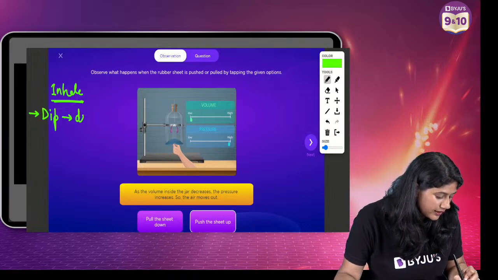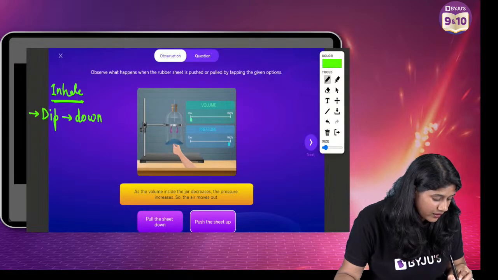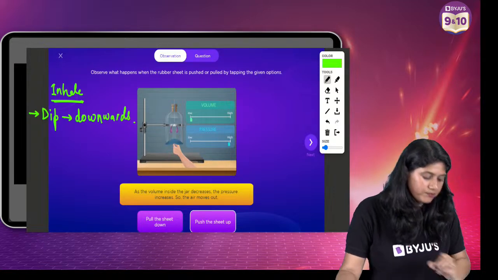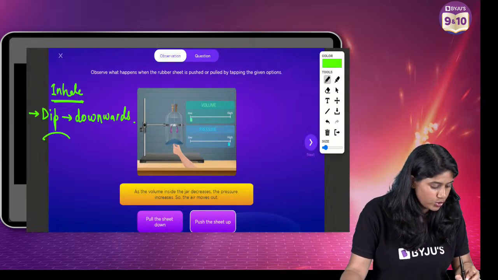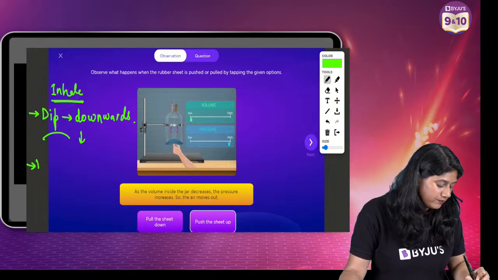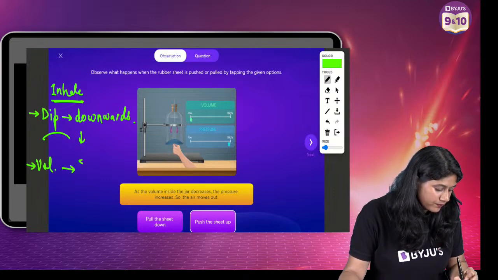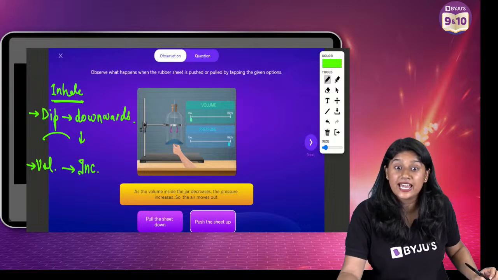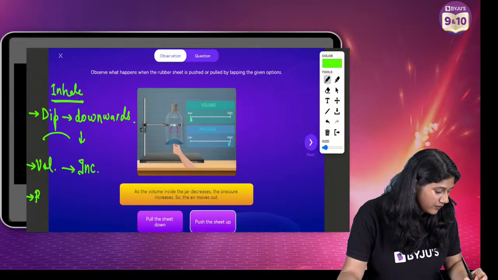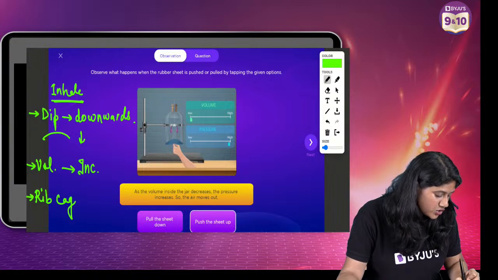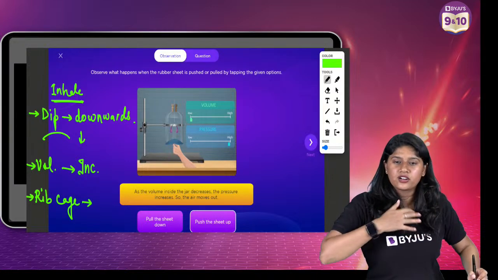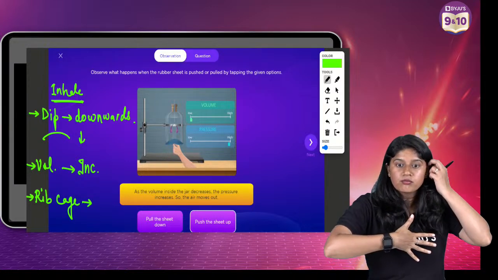The diaphragm moves downwards. Note this down, everyone. It moves downwards. We know that the diaphragm will move down, then volume will increase. And the rib cage cavity will move upward.